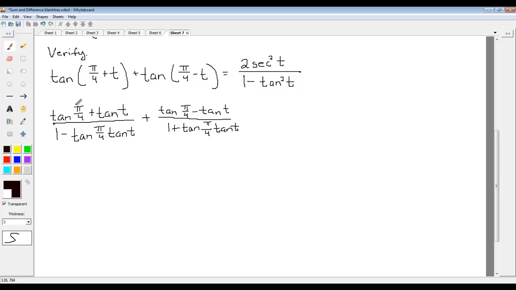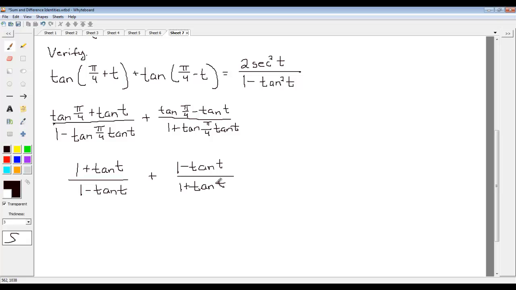Well, tan of pi over 4 is 1, because at pi over 4, your sine is square root of 2 over 2, your cosine is square root of 2 over 2. So when you divide square root of 2 over 2 by itself, you get 1. So you get 1 plus tan t over 1 minus tan t plus 1 minus tan t over 1 plus tan t.